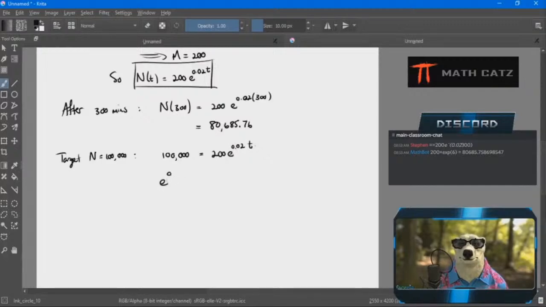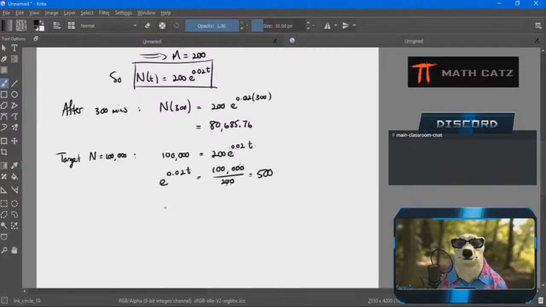So e to the 0.02t equals 100,000 over 200, which you can leave like that, or you can simplify it. In this case, it's going to be 500.